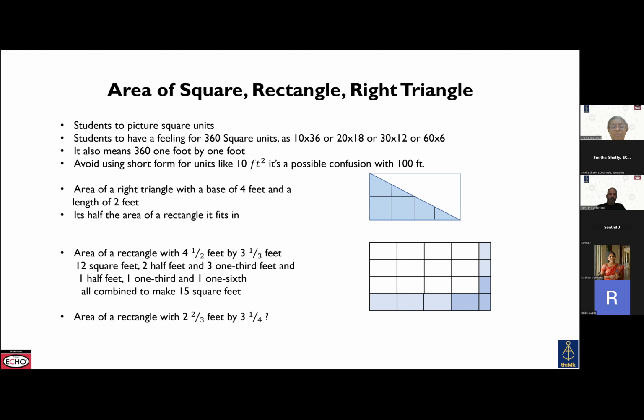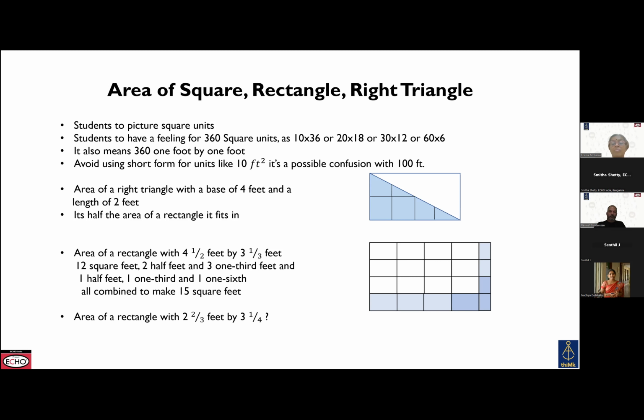So in the letter here, for the area of a rectangle, there's a mistake, I guess, in 12 square feet, and then 3 half feet and 4 1/3 feet and 1/2 feet and 1/3. It should be like that, so that the 1/3 and 1/6 would make 1/2, and then another half would make it one whole foot, and then the others will add up to 15 square feet. Yeah, but if you just do it on your own, you should be able to get that.